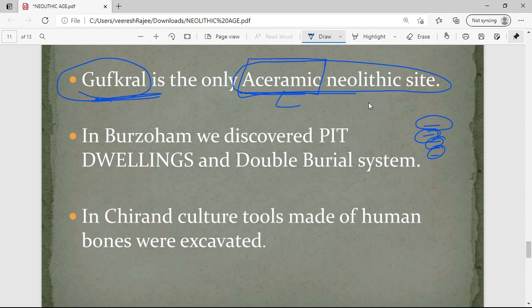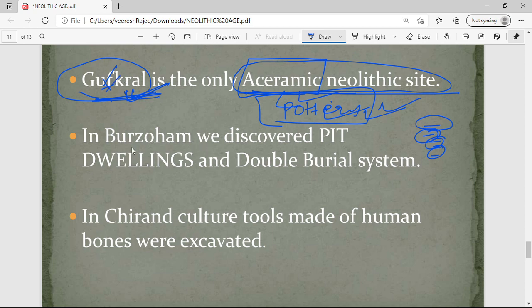Aceramic means any Neolithic culture which does not have any knowledge about pottery. So the Neolithic people who lived in Gufkral did not have any knowledge about pottery. That is the reason why Gufkral is the only aceramic Neolithic site. This you have to remember, it's important.